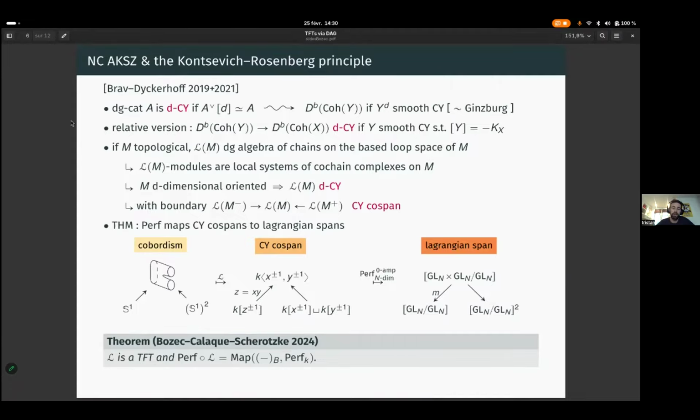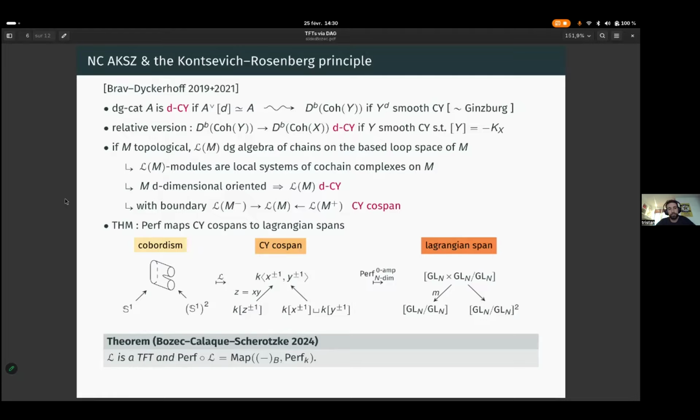It means that there exists a Hochschild class that induces a map from the shifted dual to A, and we have something Calabi-Yau if there exists a class such that this map is an actual equivalence. Okay, so we really see an analogy with tangent and cotangent complex here. You can think of it with the Serre functor in mind, or even Poincaré duality.